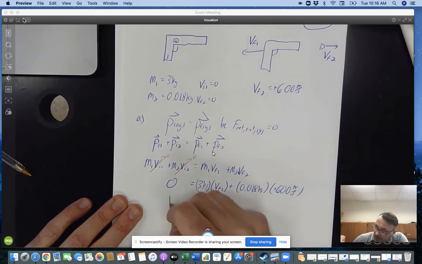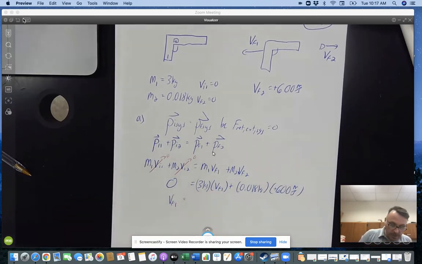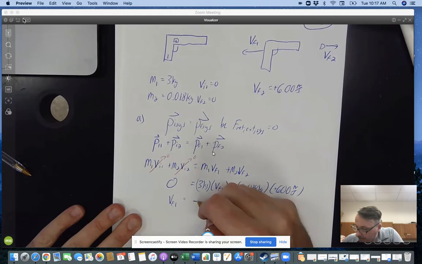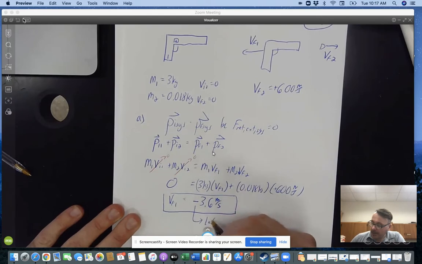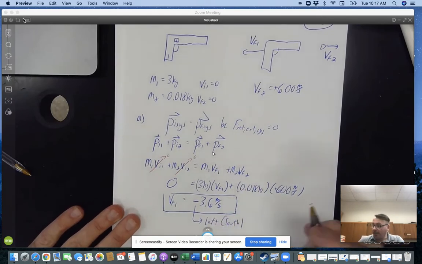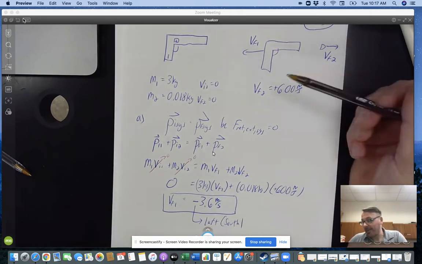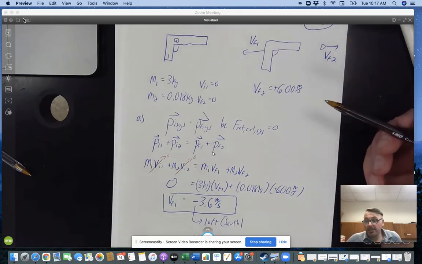When I solve that, vf1 is equal to, let me just go to my calculator here, negative 3.6 meters per second. And I look at that, and that makes sense to me. It's a recoil reaction. That's the left, or really south, yes? And that makes sense that there's a kickback on that gun, so that momentum is conserved.